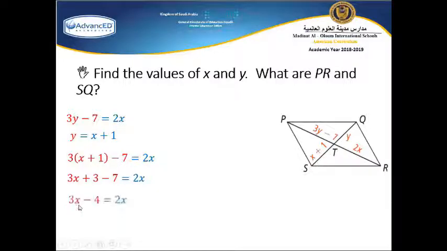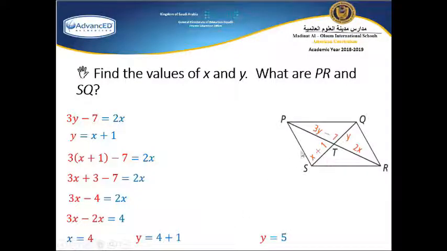Then 3x minus 4 equals x. By combining like terms, 3x minus x equals 4. Then x equals 4. After finding the value of x, we can solve the second equation. Then y equals x plus 1, y equals 4 plus 1, then y equals 5.